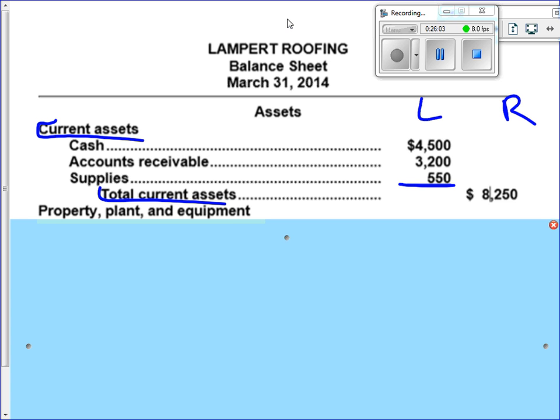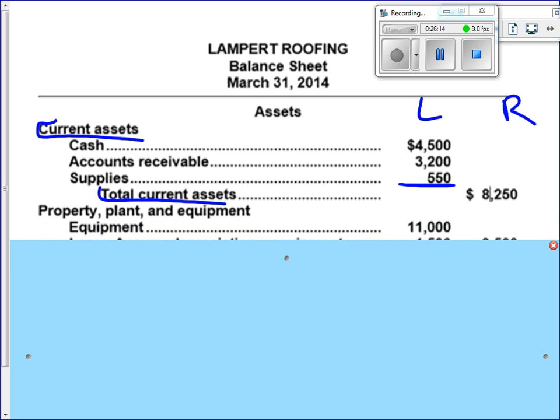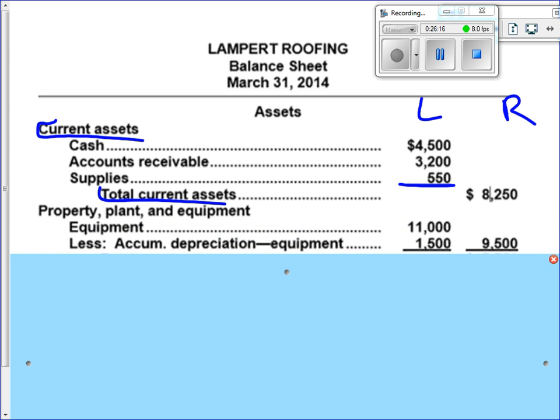Our PPE, we own equipment. It's rocking a debit balance. Then we have this credit one hanging there. We look at our equipment, less the accumulated depreciation on the equipment. Of course, I'm mad at the answer key. Why wouldn't I be? I don't like that there. I think that we need to have a total PPE line. Hopefully there's room.